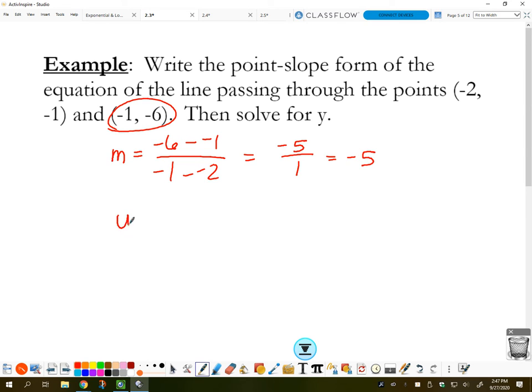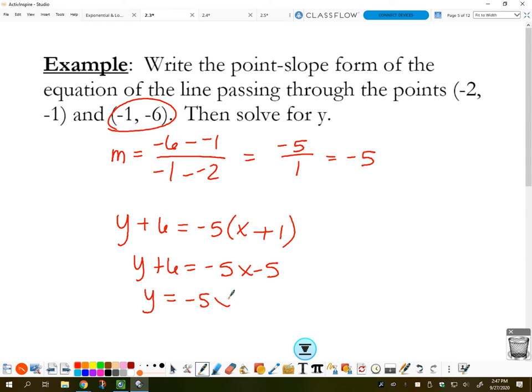I choose this one because I can reach it. Plug in to your formula. So that's y minus negative 6, which is really plus 6, equals negative 5 times x minus negative 1, which is really plus 1. So again, if they ask you for point slope form, you're done. If they ask you for slope intercept, you've got to take the time to distribute and add that constant, or in this case, subtract the constant to the other side.